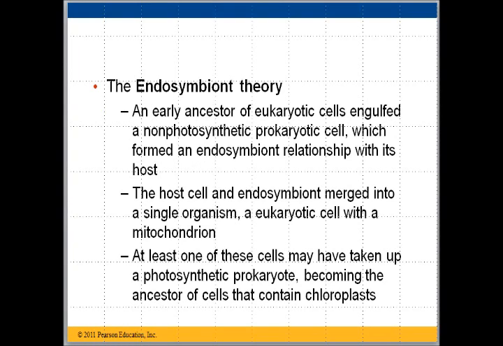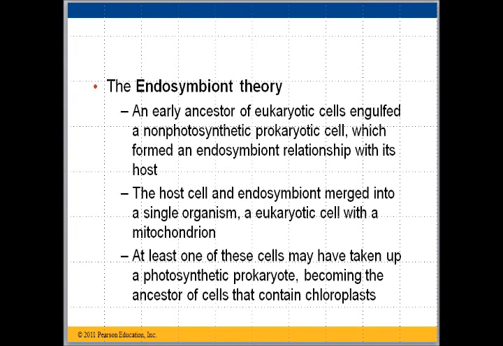Currently, the most widely accepted theory about this, which we're going to discuss further in Chapter 25, is called the endosymbiont theory. At this point in time, it is the most widely accepted idea about how this occurred, although, of course, science is ever evolving and ever changing, but right now this seems to be where the evidence is leading.